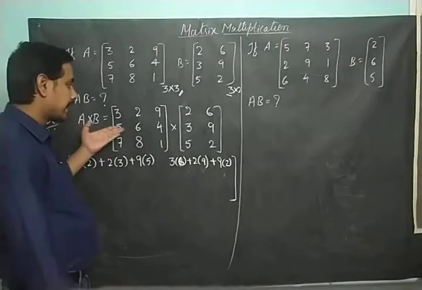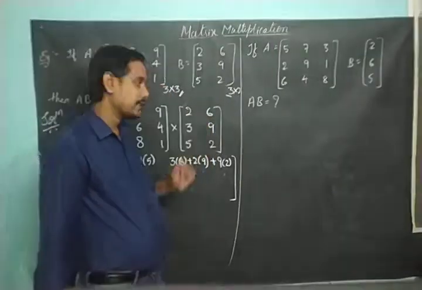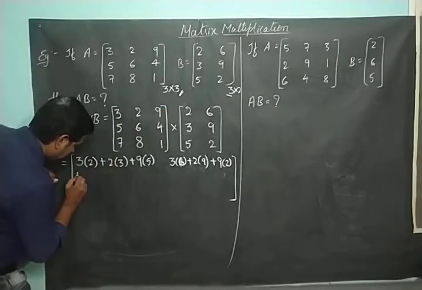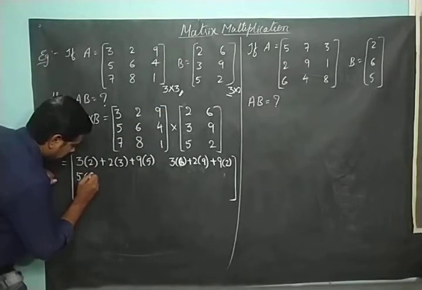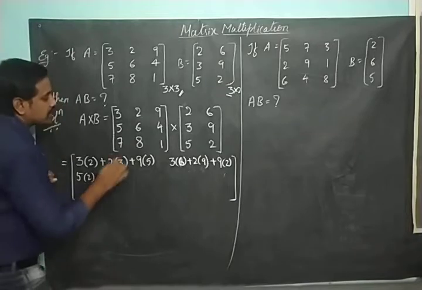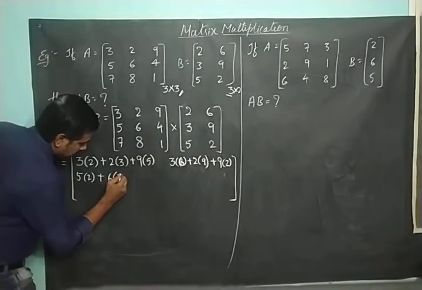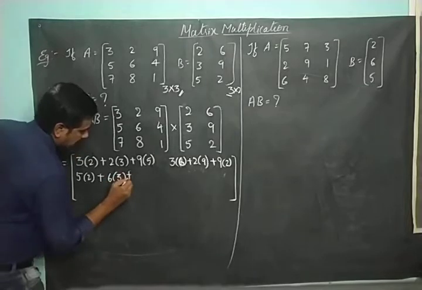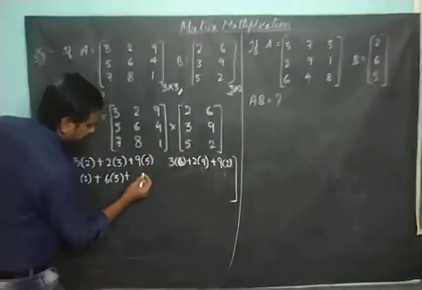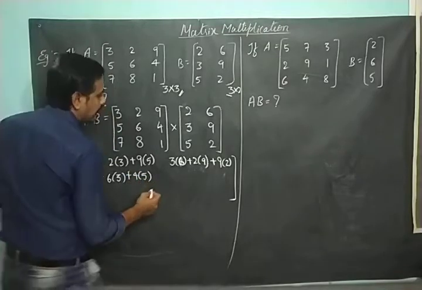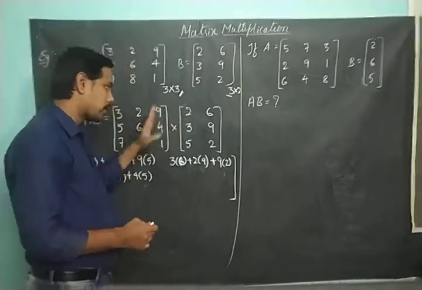Now the second row should be multiplied with the first and second column. So 5 is multiplied with 2, plus 6 is multiplied with 3, plus 4 is multiplied with 5. Here we have multiplied the second row with the first column.